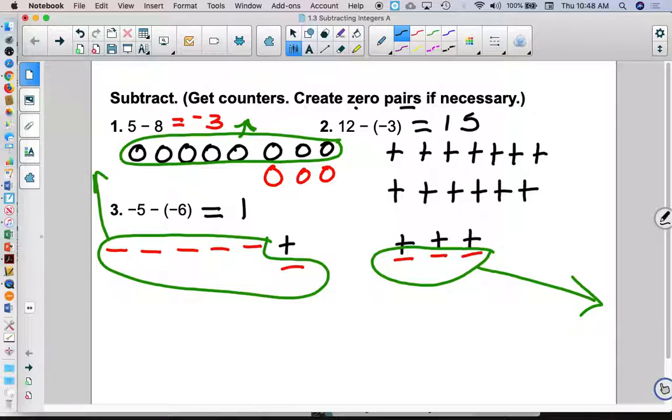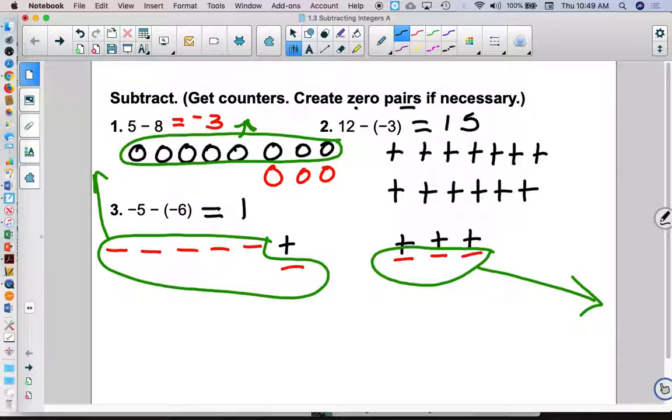Okay. Did you put up 5 negatives? And it says to take away 6, right? You don't have 6 negatives. So you have to add that 0 pair, right? Because 1 minus 1 equals 0.